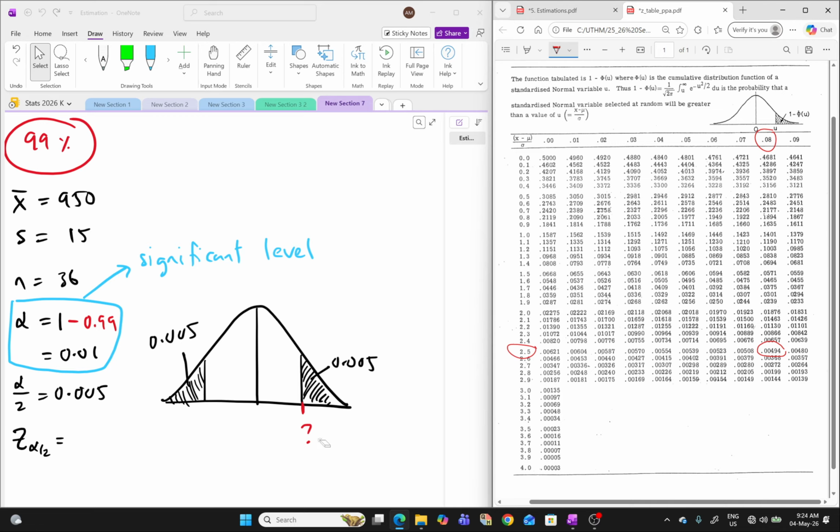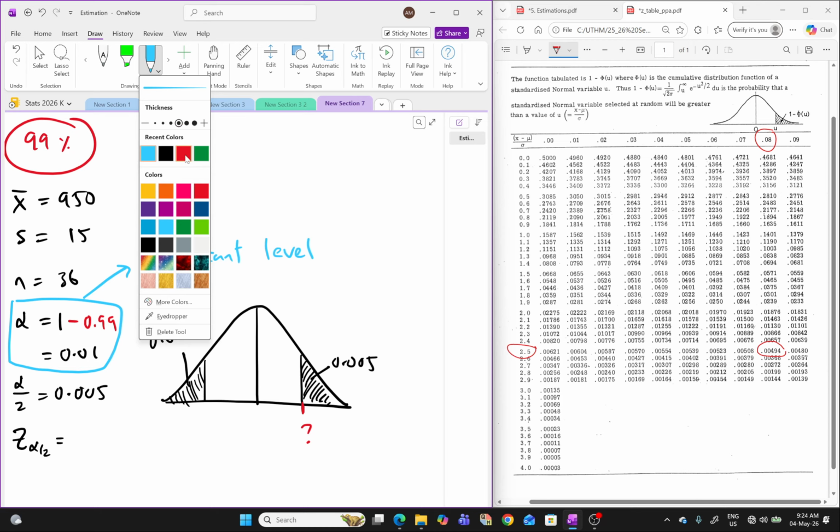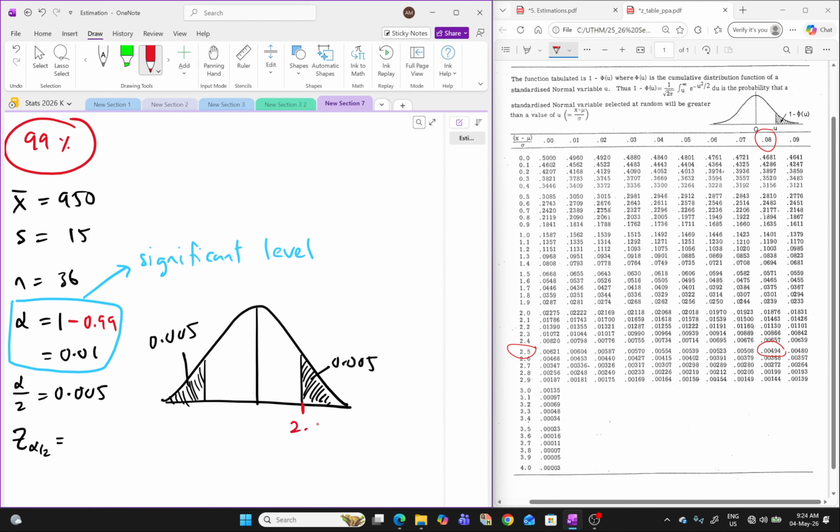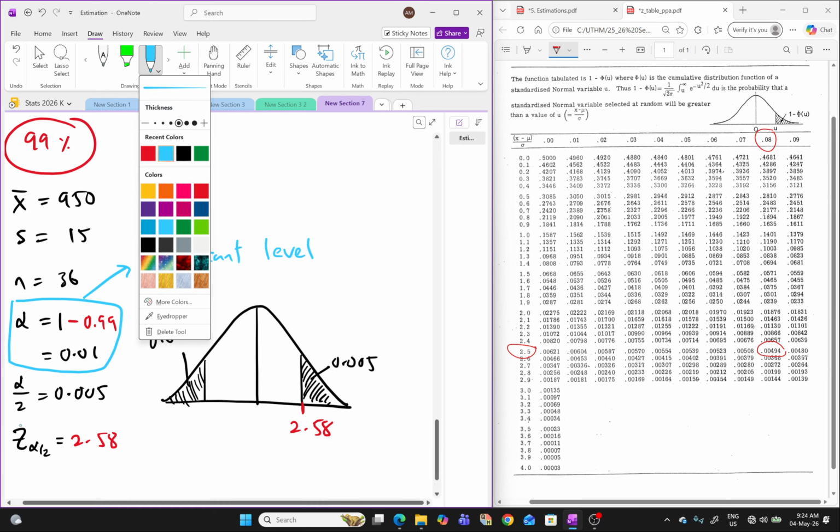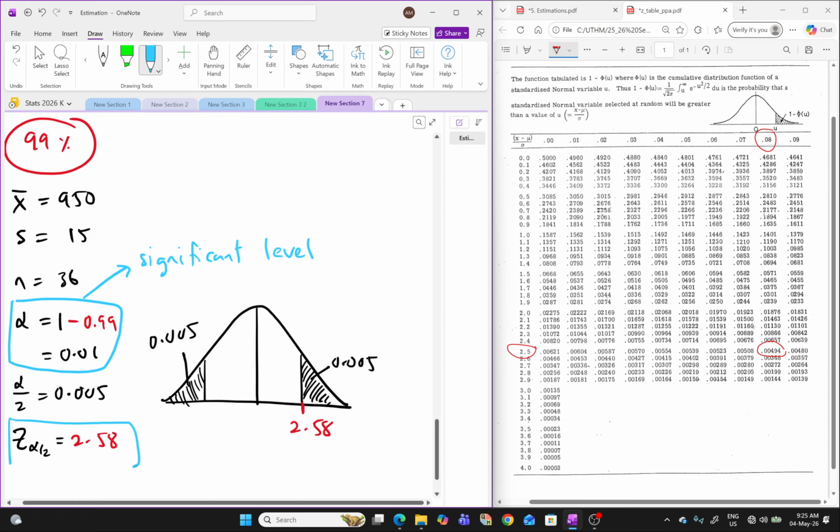So ini adalah 2.58. This is known as critical value.